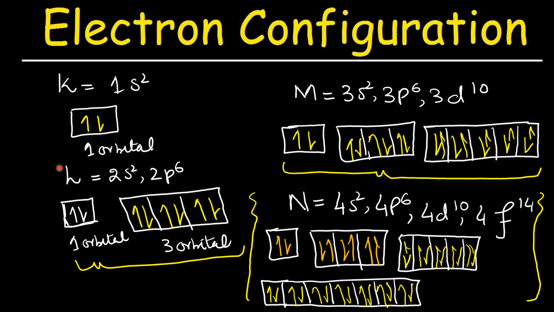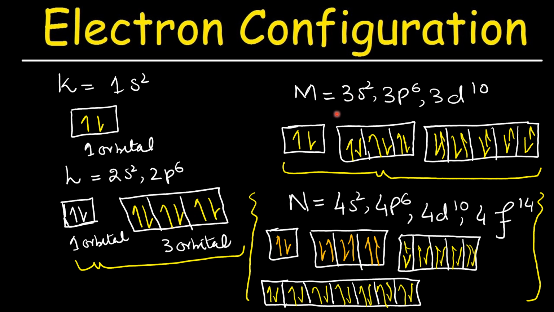In case of the L shell, there are two subshells, 2s2 and 2p6. The s subshell will accommodate two electrons, whereas the p subshell has six electrons, so there will be three orbitals in the p subshell to accommodate the six electrons.